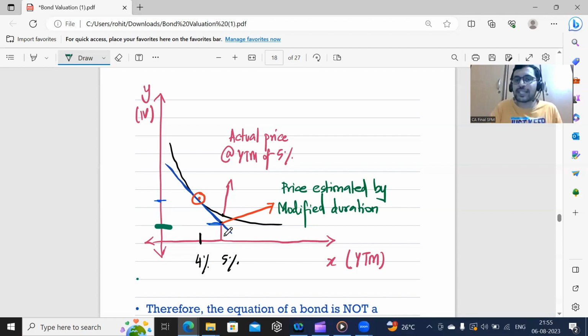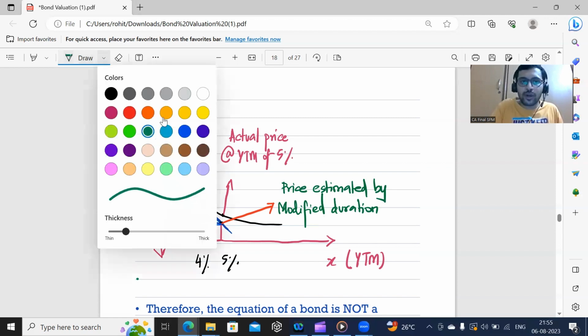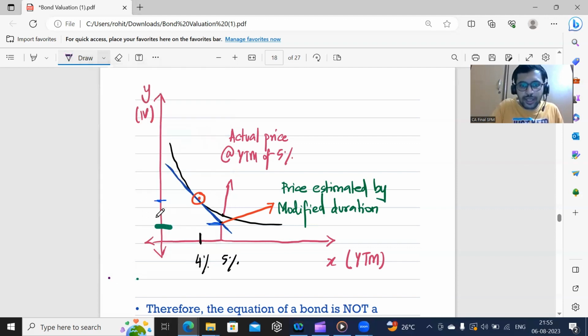Whereas if you actually see this, the bond equation is not this line, but it is actually this curve. All right, and when the YTM is increasing from 4 to 5, the fall in the bond price is not from this particular blue line to this particular green line. It is actually falling only from that blue line to this violet line.